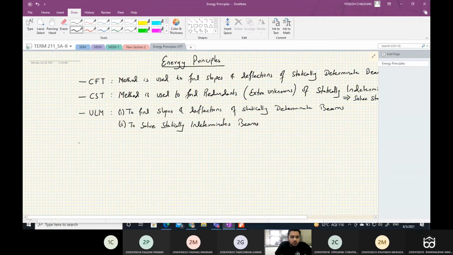Okay. And then we'll also see approximate methods. Methods of lateral load analysis.